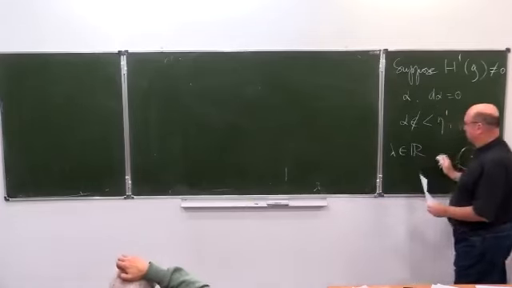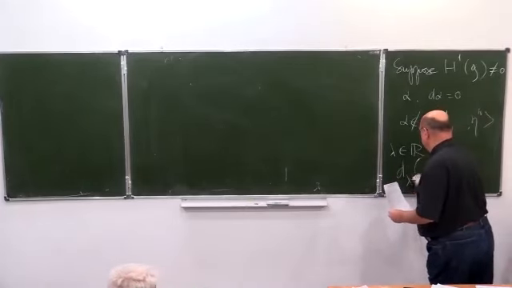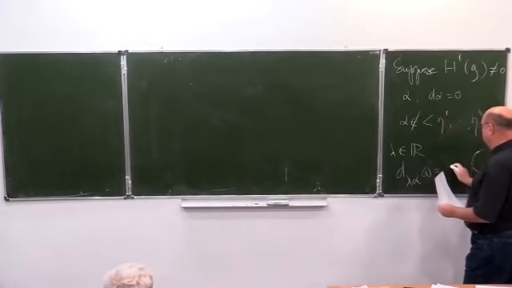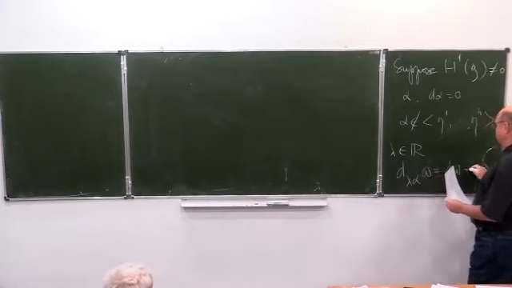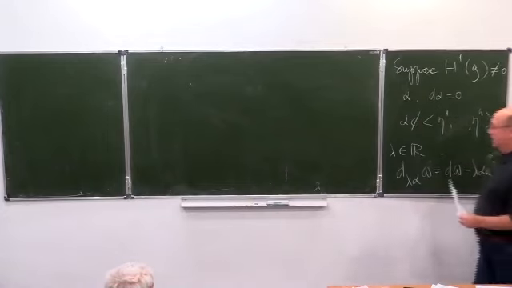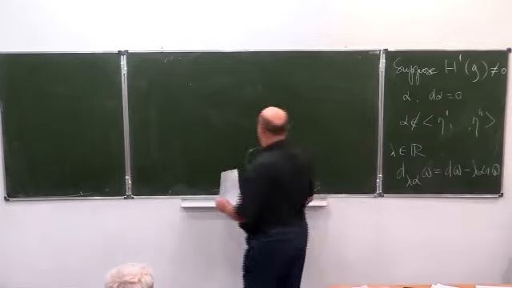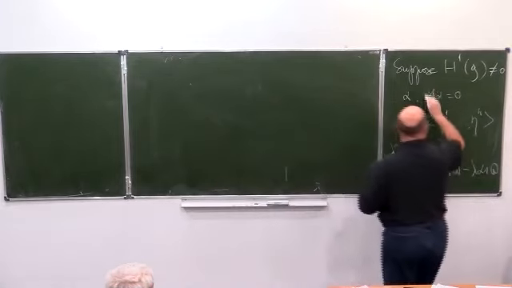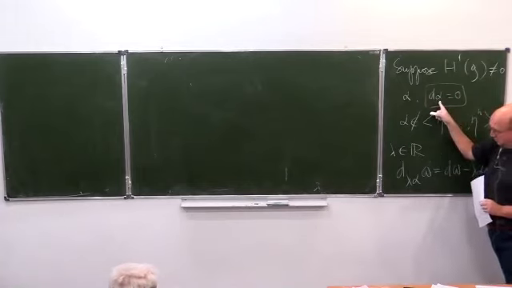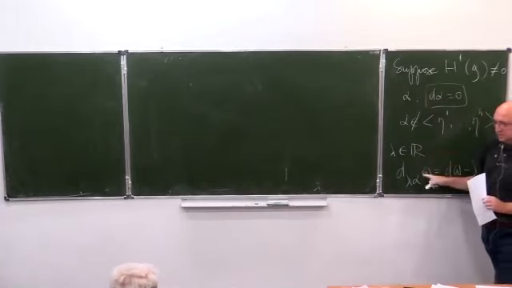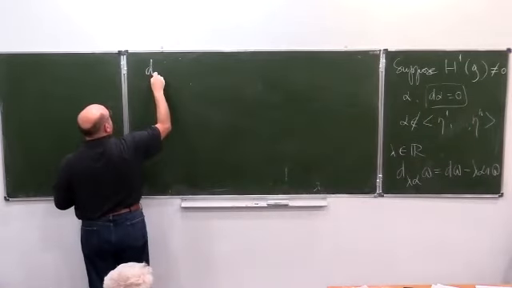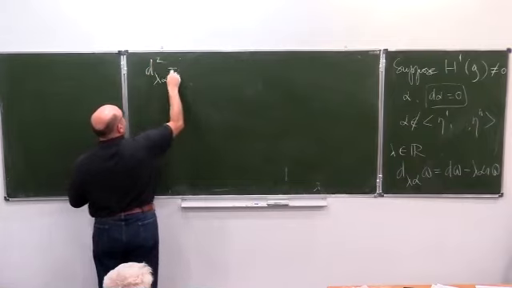Then define the twisted differential of some one-form omega as the usual differential minus this expression. Then, since alpha is closed and since lambda is constant, the square of this twisted differential is equal to 0.